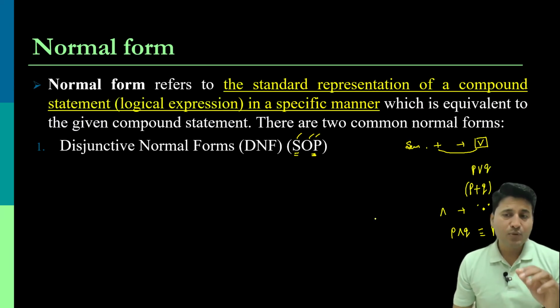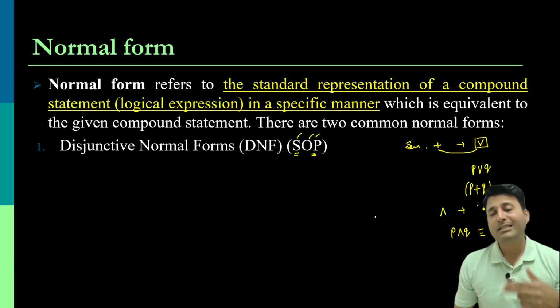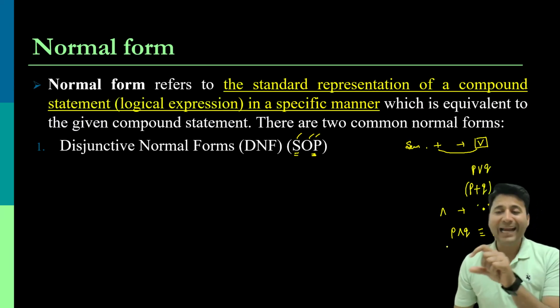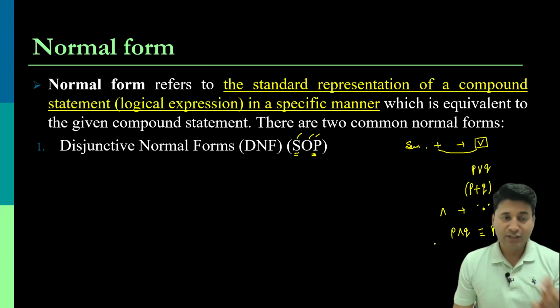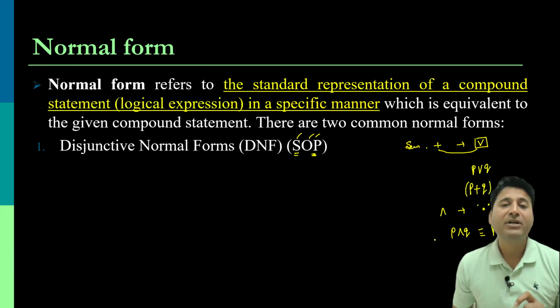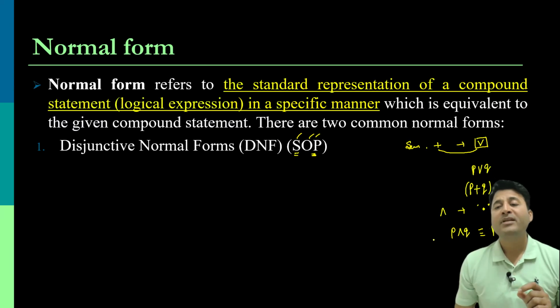Okay, so we are supposed to connect the AND terms by using the OR connectives. In short, this is what we can say for DNF. So it is sum of products.